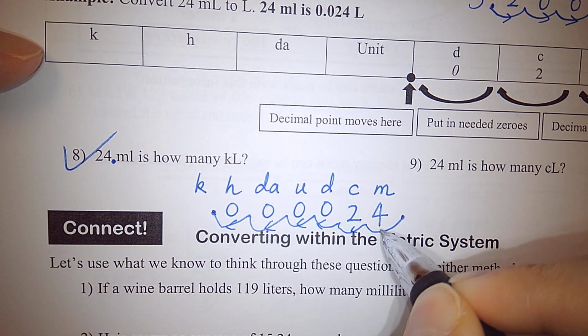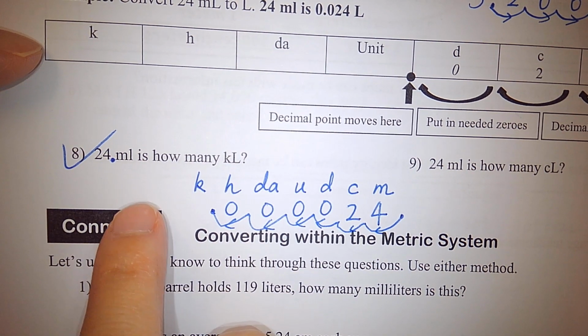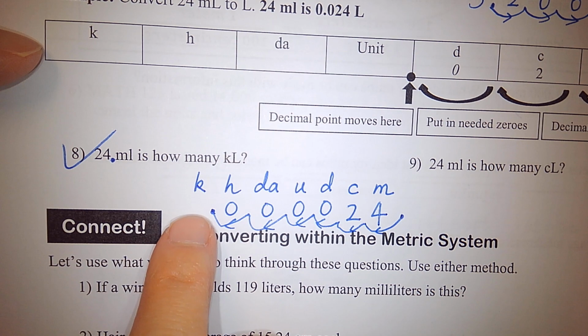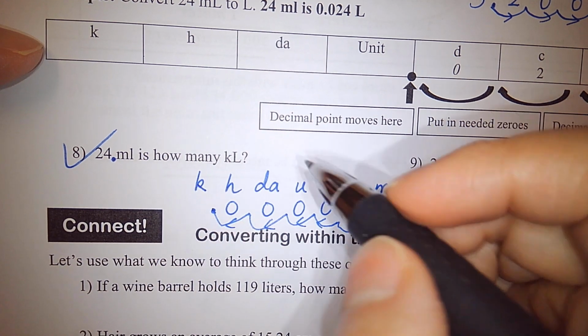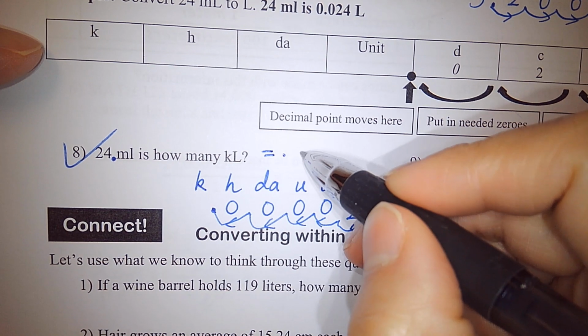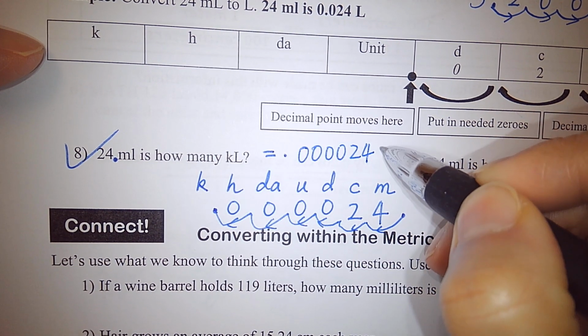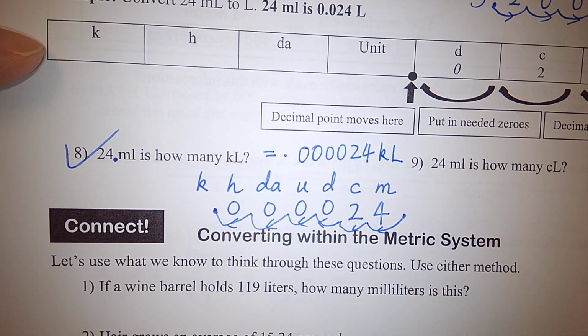Like this. Right? So eventually, this is point something, right? So the answer will be point, how many 0? 1, 2, 3, 4, 2, 4 kiloliter.